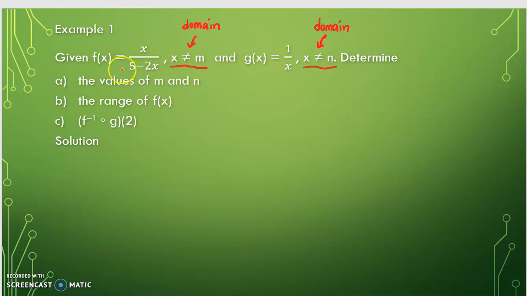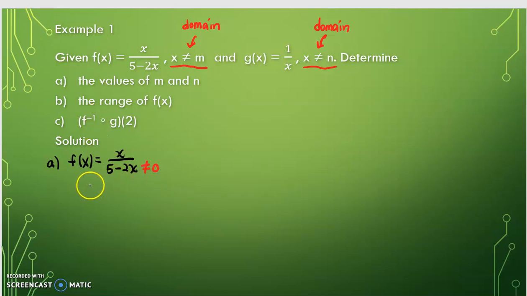So from this function, f(x) equals x over 5 minus 2x. In order to find the domain for a rational function, if you still remember, we will let the denominator not equal 0.